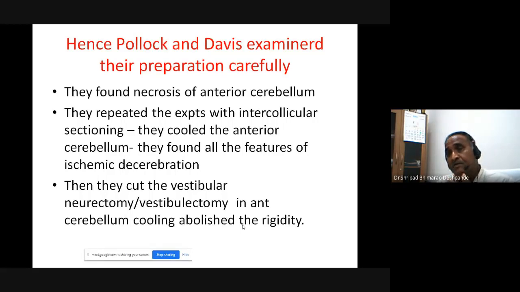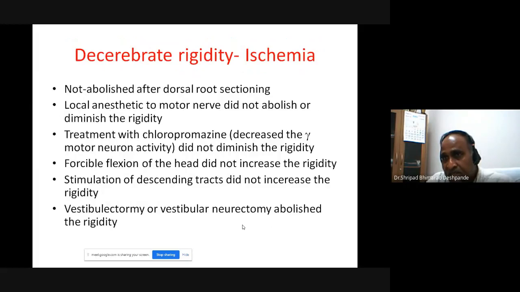Why did they come to that particular point? Maybe I will go to the next slide and come back here. They could not see these features. The rigidity was not abolished after dorsal root sectioning. In intercollicular rigidity, dorsal root sectioning abolished the rigidity.